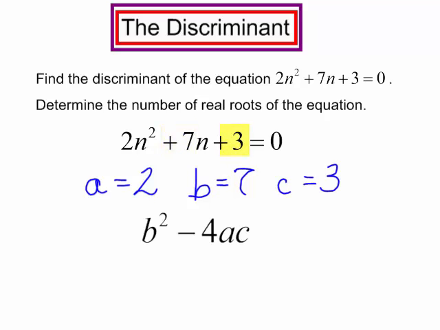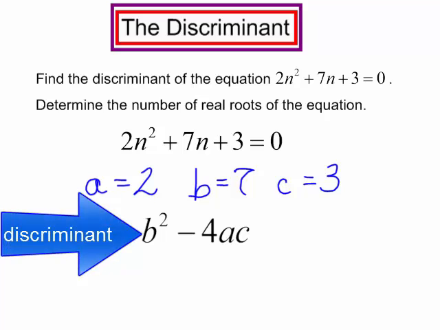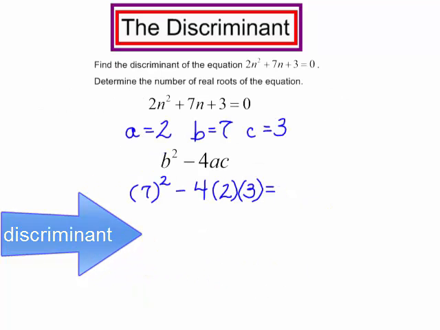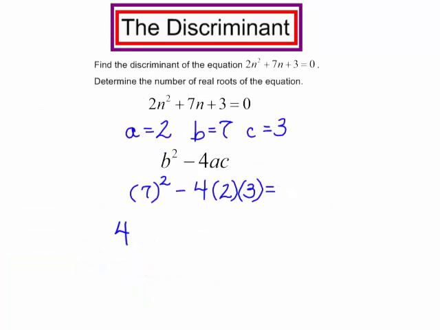The discriminant is b squared minus 4ac. So that will be 7 squared. It is a good practice to put that in parentheses to help us avoid careless errors. Minus 4 times a times c. 7 squared is 49, minus 4 times 2 times 3 is 24. 49 minus 24 is 25.